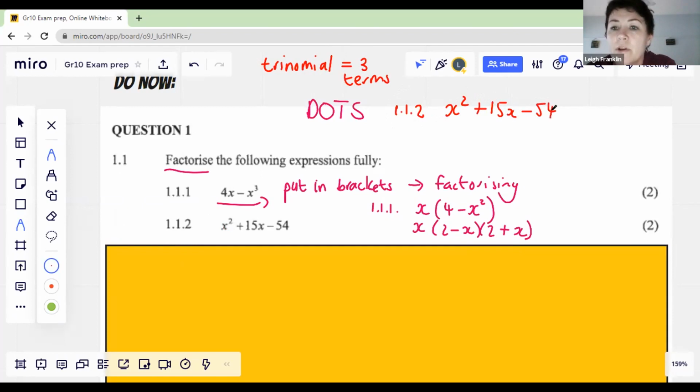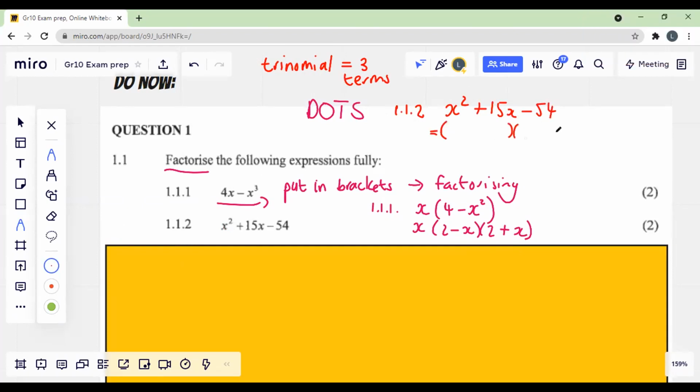Does anybody know? 2 brackets. 2 brackets, Harry, that's right. So trinomials always factorize into 2 brackets. What we're doing here is actually the opposite of FOIL.